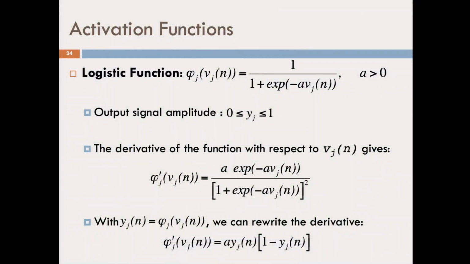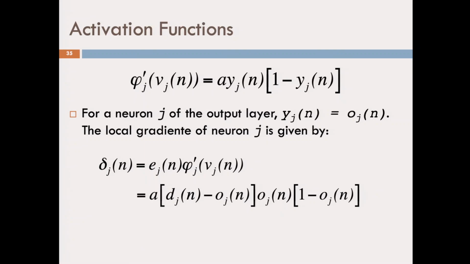Nice. Well, given the logistic function and its derivative, for a neuron in the output layer, the output of the neuron is the output of the neural network. The local gradient is the error multiplied by the derivative of the activation function.